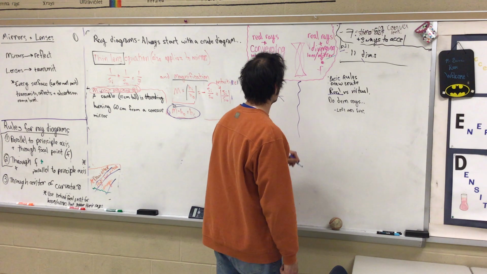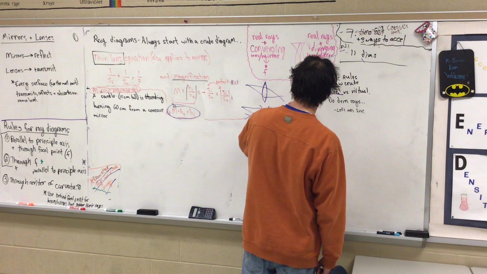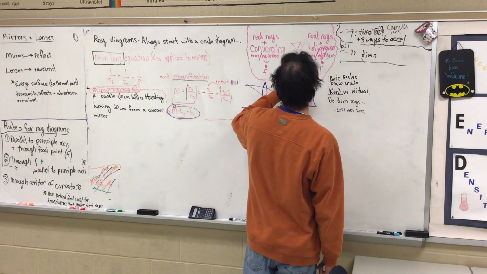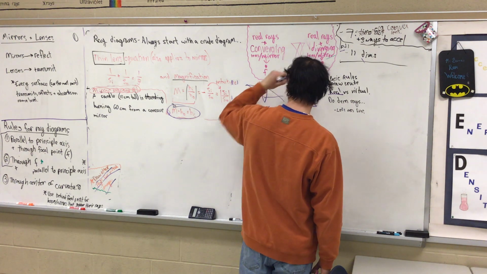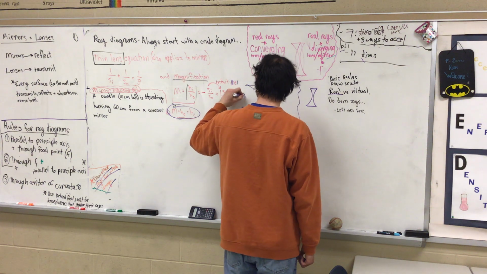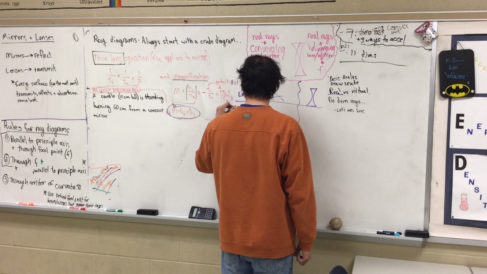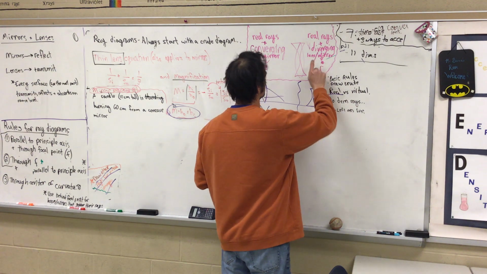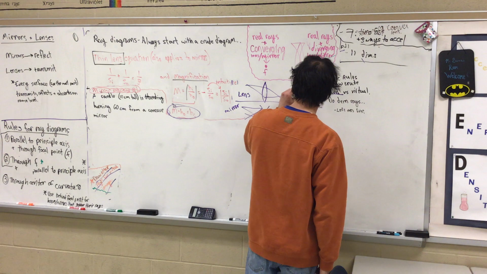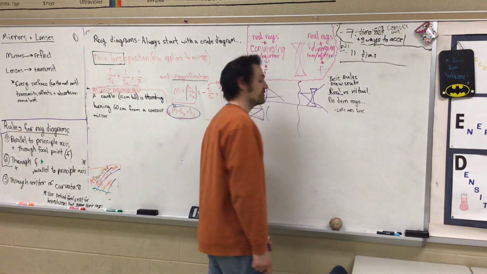And the opposite is true of lenses, or I'm sorry. Okay, so my lenses are on the top and my mirrors are on the bottom. The opposite is true for diverging. So if your rays come into a lens, it's going to diverge for a concave lens.